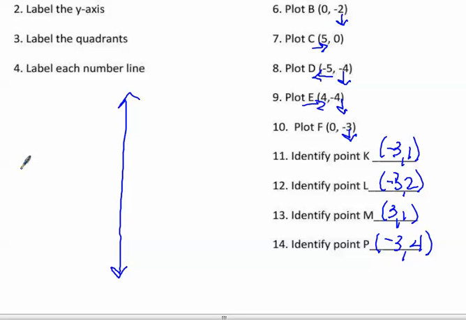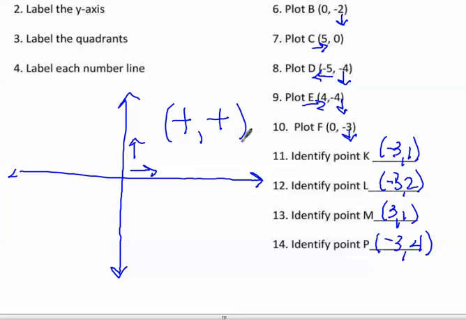Just a thought. You notice all your coordinate points here, you're going right and then you're going up. So that is going to be positive, positive. In quadrant 2, you're going left first, so that's negative, and then you're going up, so that's positive.